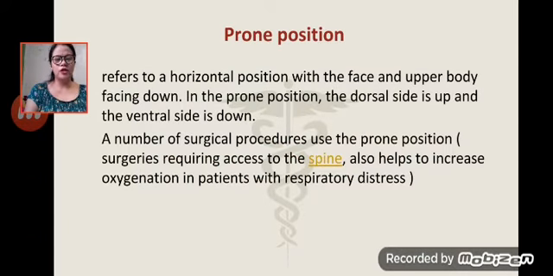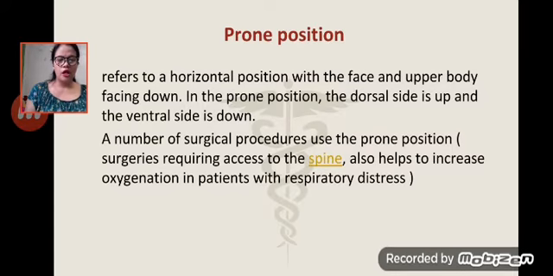Then prone position, it refers to a horizontal position with the face and upper body facing down. So in the prone position, the dorsal side is up and the ventral side is down. So kung kanina nakatihaya yung pasyente, this time around the patient is nakataob. Okay? So what are the surgical procedures that use this kind of position?